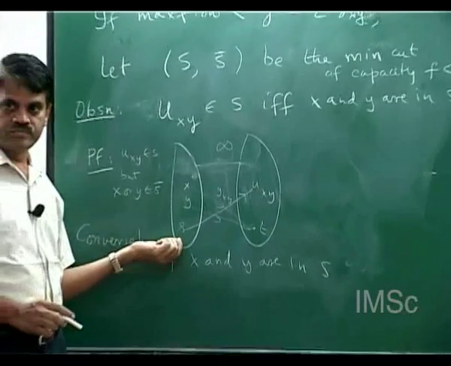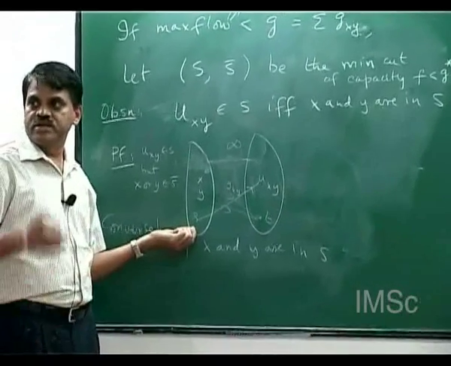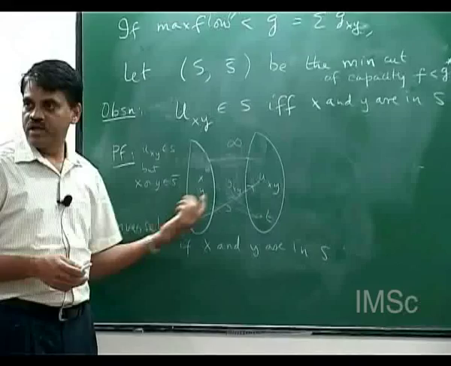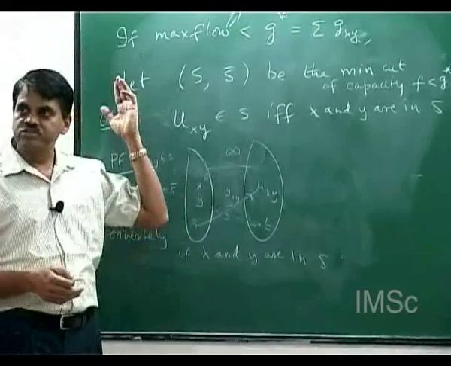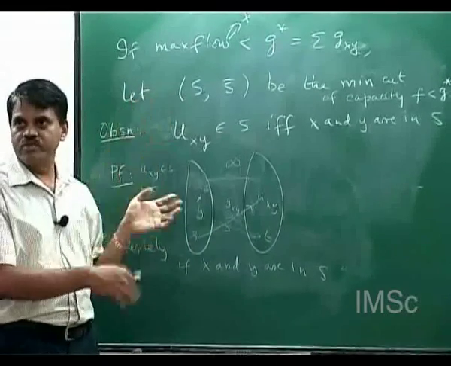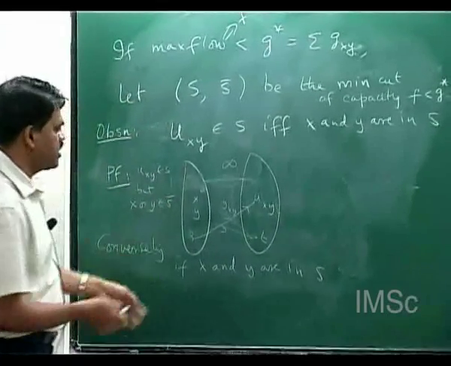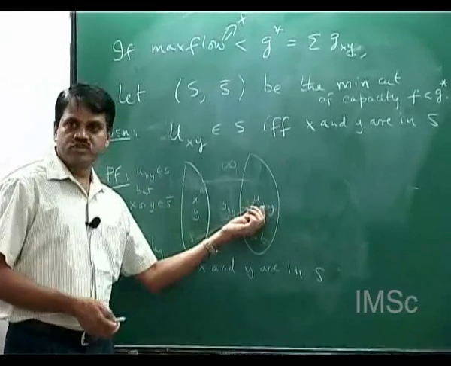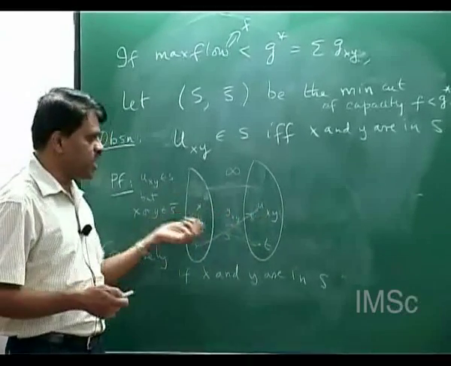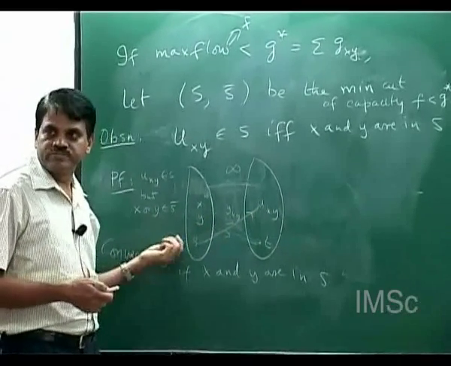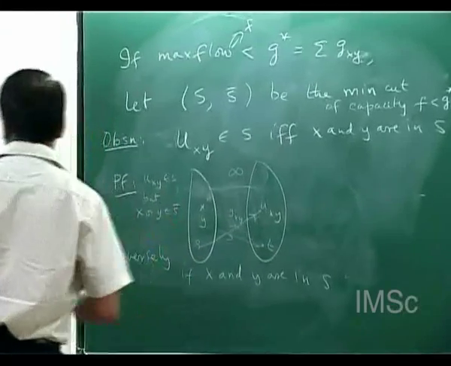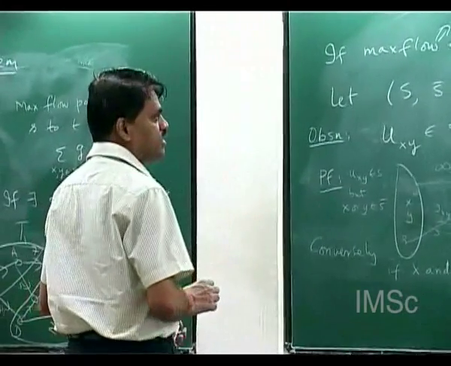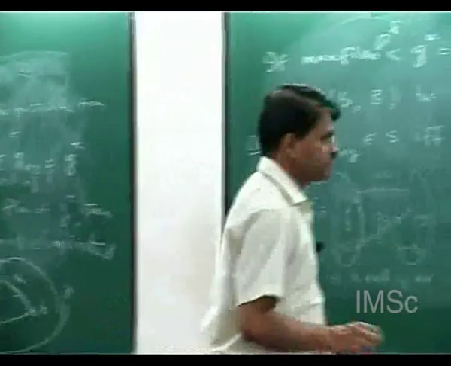A decrease by this g x y, right. So, that contradicts the fact that you started out with a min cut. So, I have a cut with smaller capacity. So, that shows that, without loss of generality, if x and y are here, u x y can be pulled here. Okay. So, good. With that, now we will analyze the capacity of this cut.